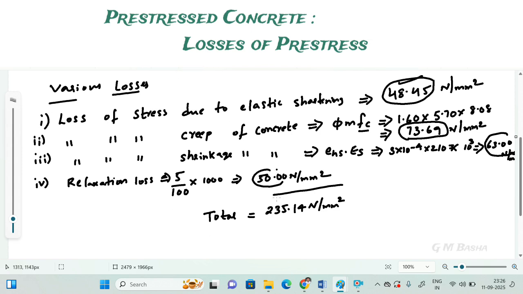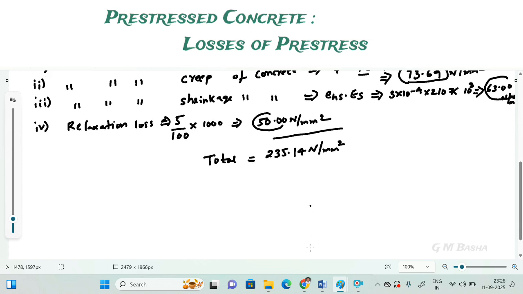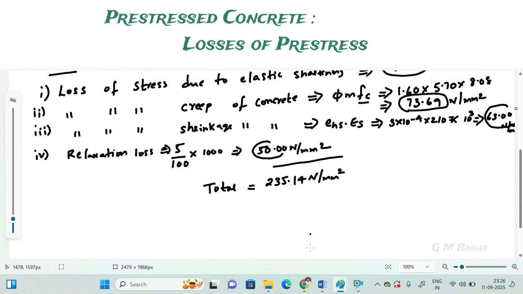So here, what originally the given initial stress will be? The initial stress will be 1000. After obtaining all the losses, the total losses, one due to the elastic shortening of concrete, another due to the relaxation, another due to the creep, another due to the shrinkage of the concrete, the total losses will be 235.14.